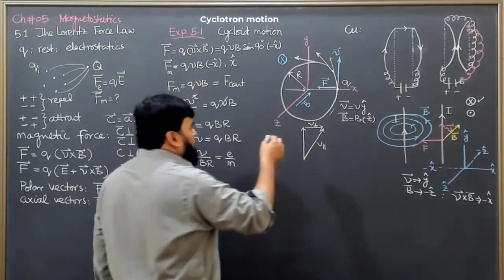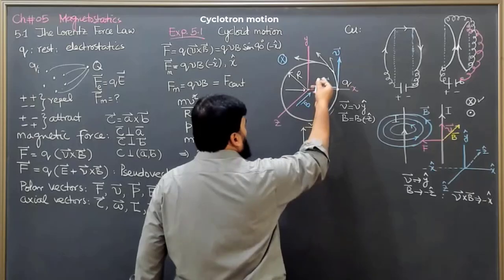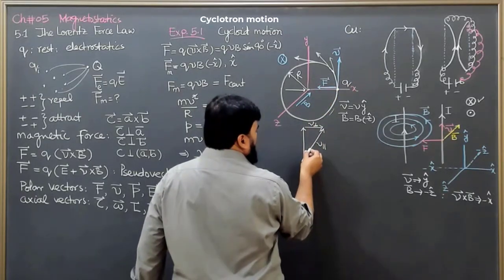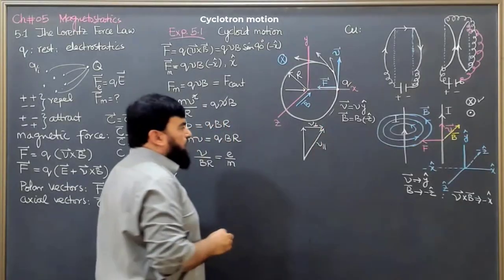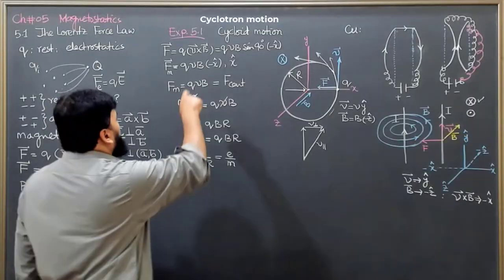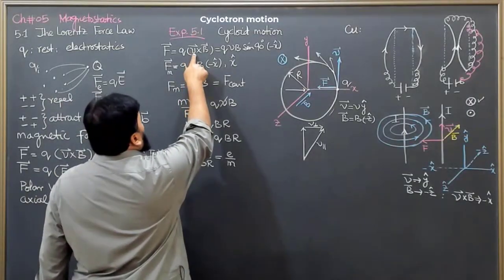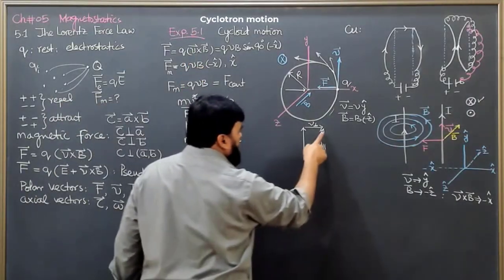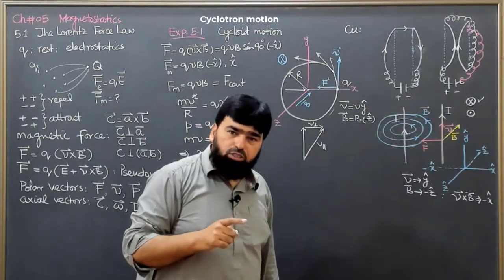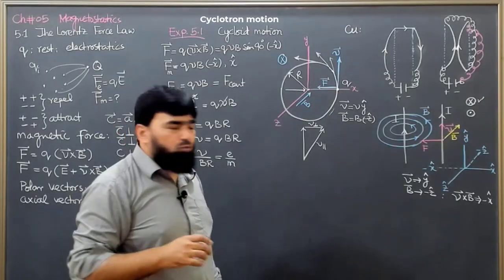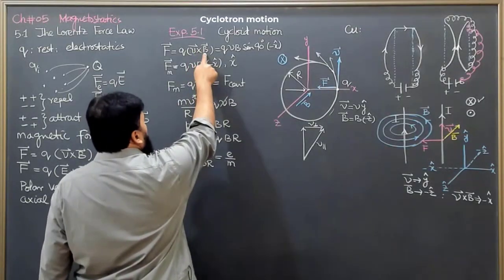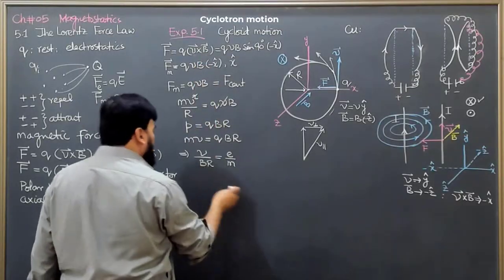V parallel means this one is going in the B direction. When that component of the velocity comes here, it will experience no force, because B and V parallel are in the same direction.